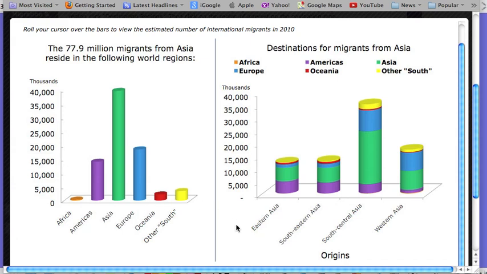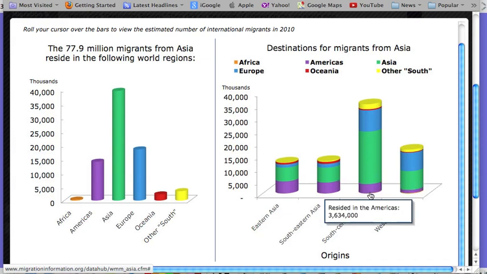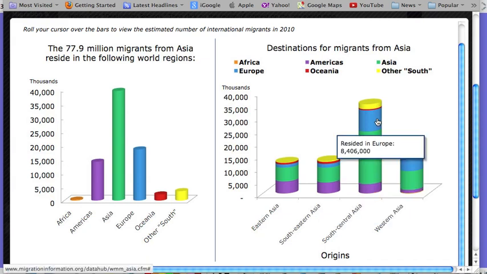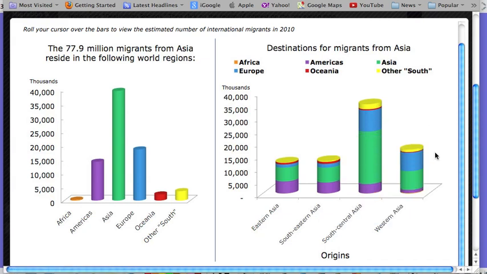And then looking here, let's look at South Central Asia. Now South Central Asia would be like the Middle East and Afghanistan and stuff like that. A lot of them are staying in Asia. Some are going to the Americas, some to Europe. Western Asia, which would be the Middle East, you can see a lot staying within Asia, you see the green, but then a larger percentage going to Europe.